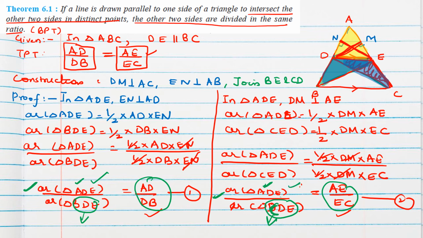So the next step will be to write for the denominator part. Triangle BDE and CED are on the same base and between the same parallels.